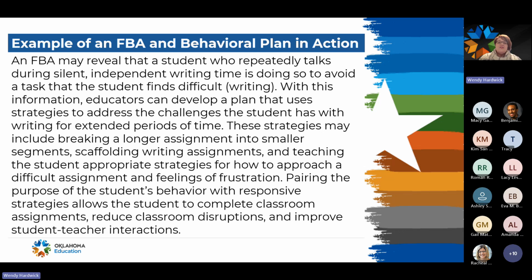These strategies may include breaking a longer assignment into smaller segments, chunking, scaffolding writing assignments, and teaching the student appropriate strategies for how to approach a difficult assignment and feelings of frustration. Pairing the purpose of the student's behavior with responsive strategies allows the student to complete classroom assignments, reduce classroom disruptions, and improve student-teacher interactions.